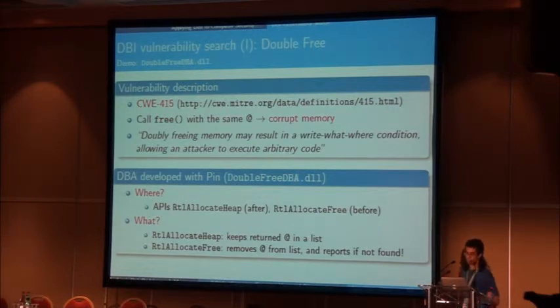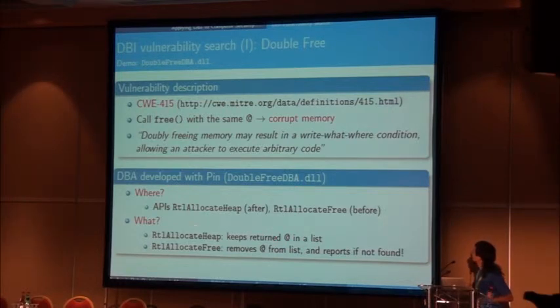So what is my tool going to do? I'm going to hook the Windows functions related to requesting memory, the allocation of memory, and the release of memory. We are going to instrument this function after and this function before. What I'm going to do is very easy.